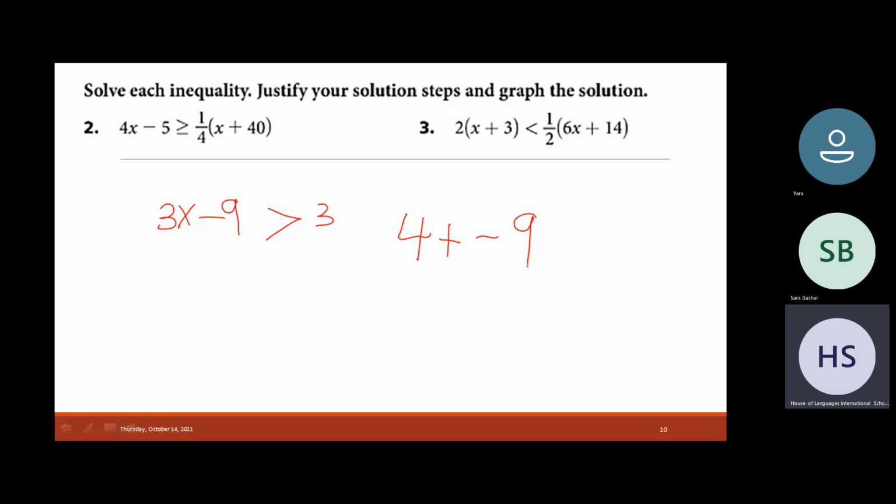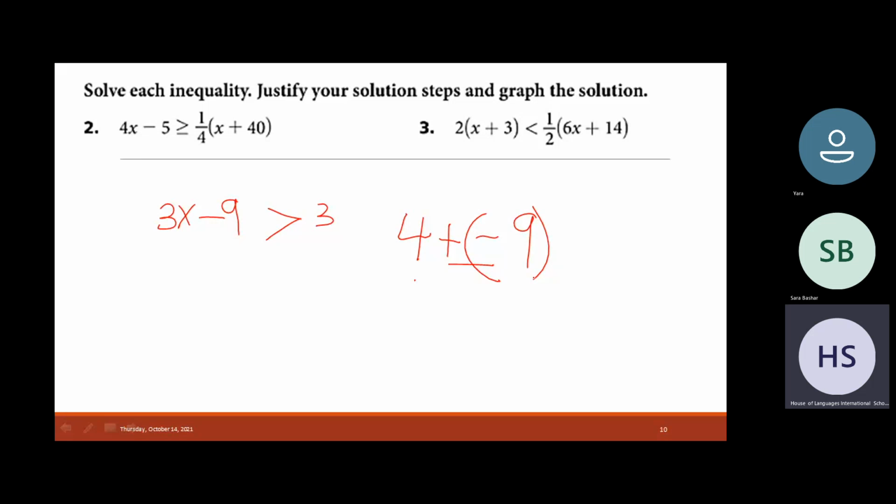This is 4 plus negative 9. Subtract and take the greatest one. But how can we solve x? Because we need to finish the inequality.